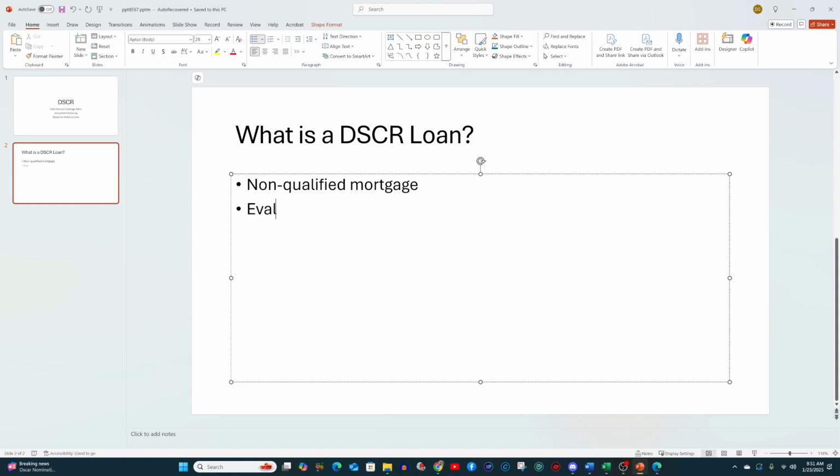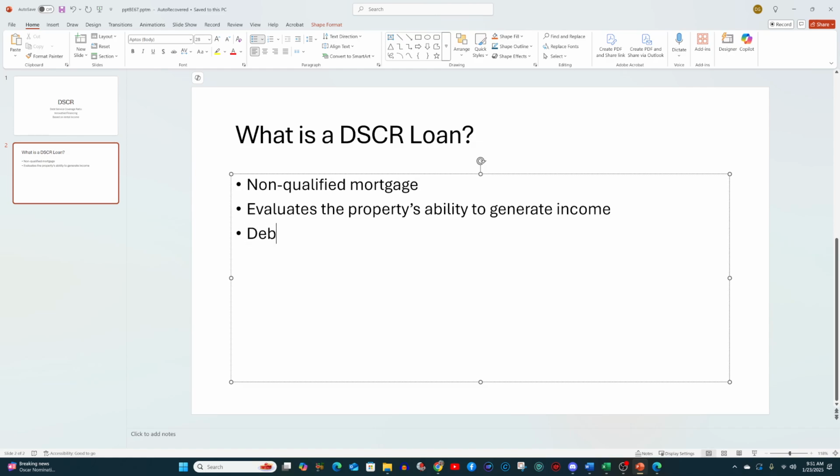So it evaluates the property's ability to generate income. And the debt service coverage ratio, so that's in reference to a specific number.